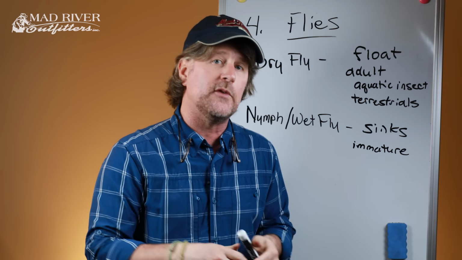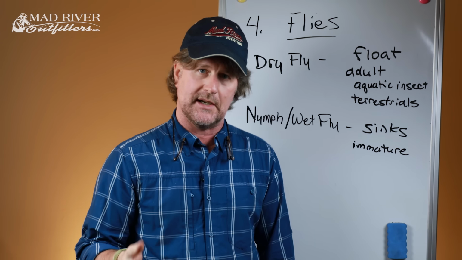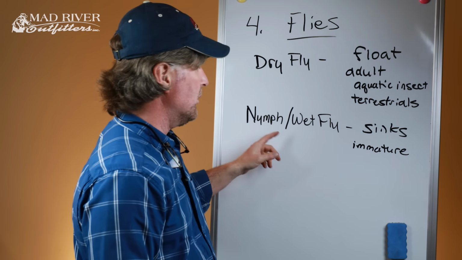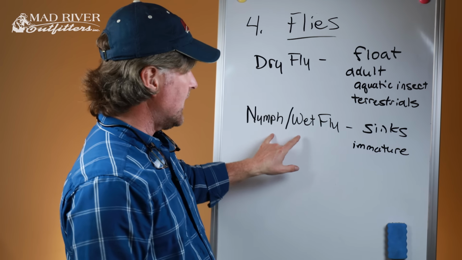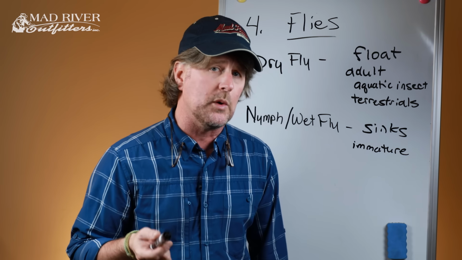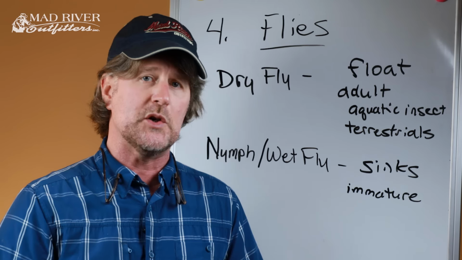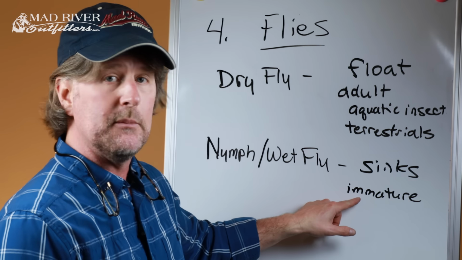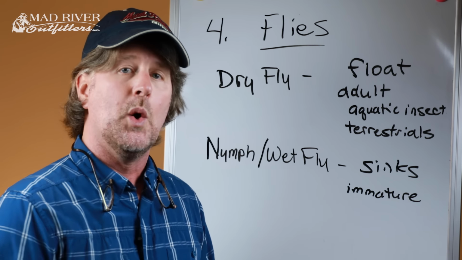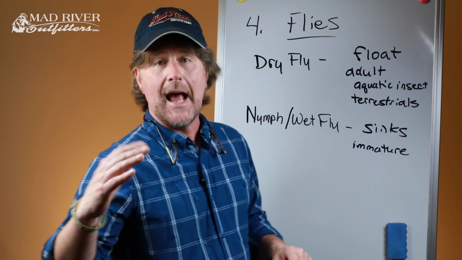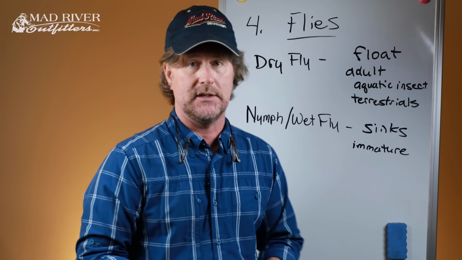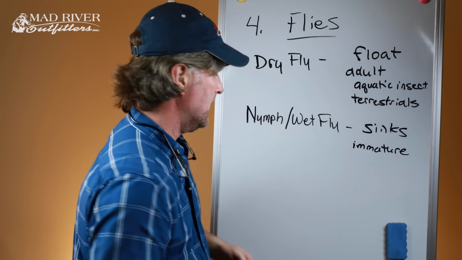They're in their nymphal or their larval stage where they're living on the bottom of the stream, and that's where the fish are going to most encounter them. So nymphs and wet flies, subtle difference between a nymph and a wet fly, and we'll get into that later, but for the most part, you're either imitating the nymphal form, the larval form, or maybe a wet fly as it's emerging, what we call emerging when it's swimming to the surface to become the adult aquatic insect, okay?